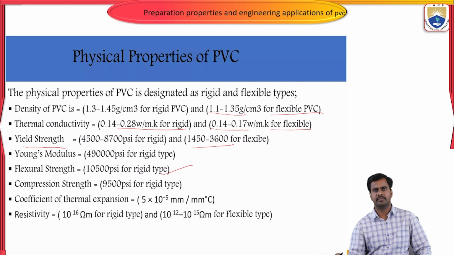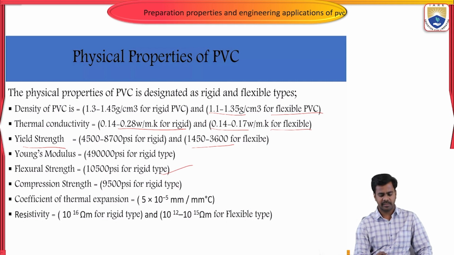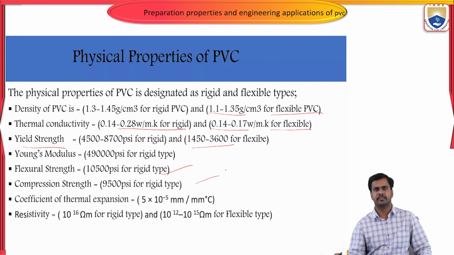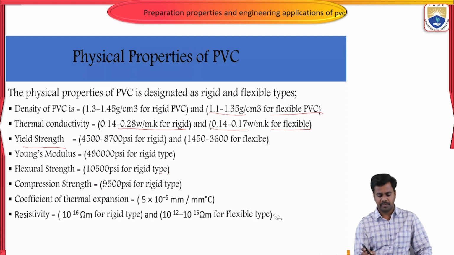Compression strength, 9,500 psi for rigid type. And coefficient of thermal expansion, and that is 5 into 10 to the power minus 5. Resistivity, 10 to the power 16 ohms for rigid type, and 10 to the power 12 to 10 to the power 15 ohms for flexible type of PVC. These are some important physical properties of the PVC.